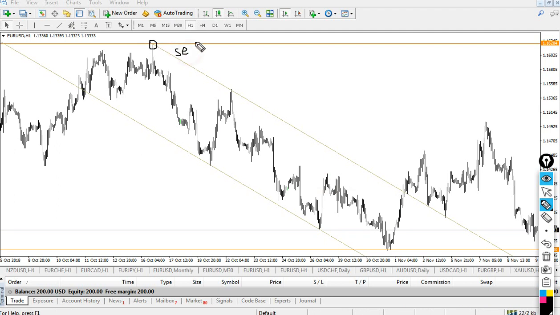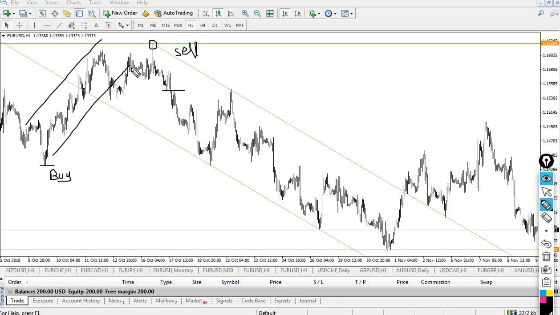Now in a channel, of course, when the market enters this channel, it makes a movement down. So you cannot find from here that the market is in a bearish channel, because from the past, if you are here and you take a buy here, the market goes up in a channel direction like this.